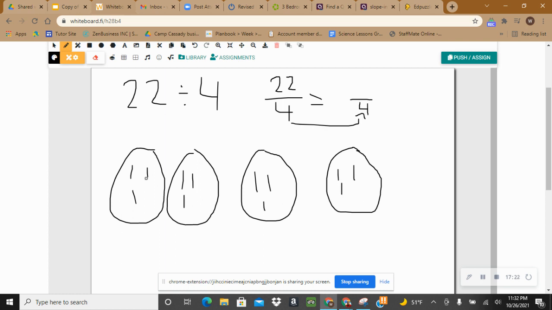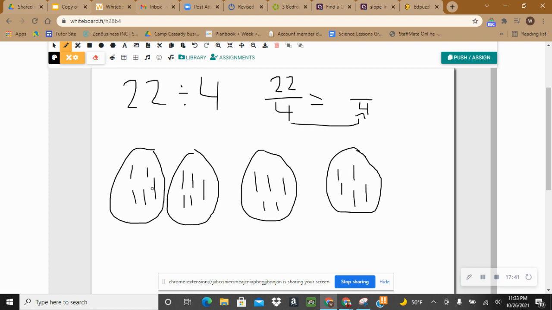Can I keep going? Yes. 13, 14, 15, 16. Can I keep going? Yes, I got enough. 17, 18, 19, 20. Let's see if I can keep going. 21, 22, 23. No, I can't. So I got to stop here.